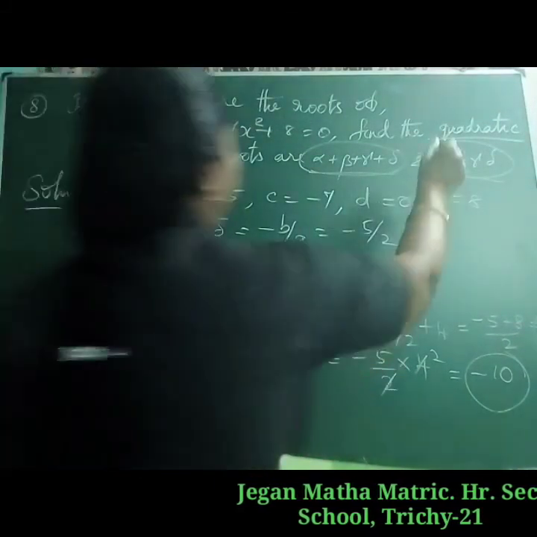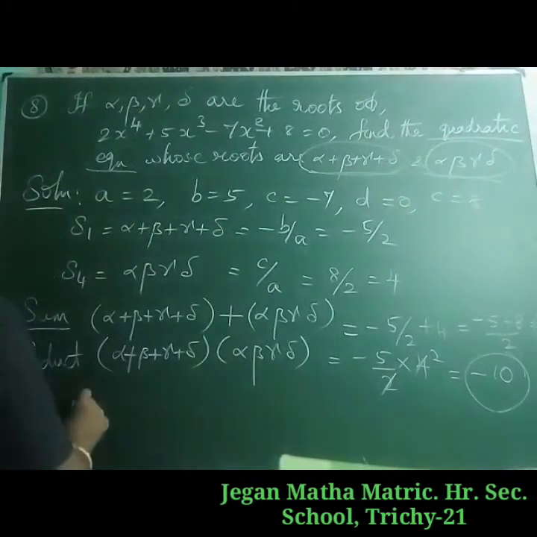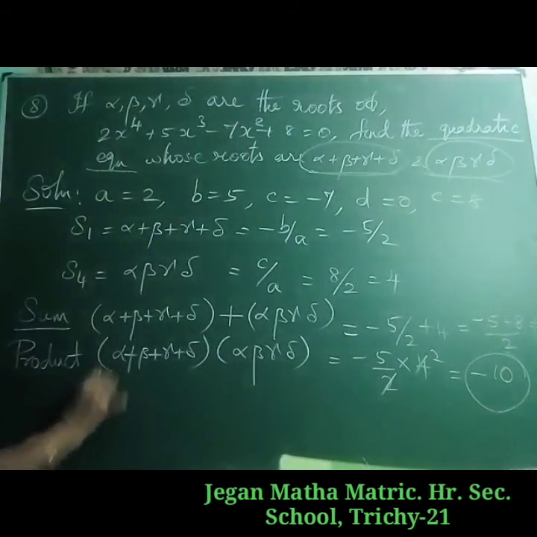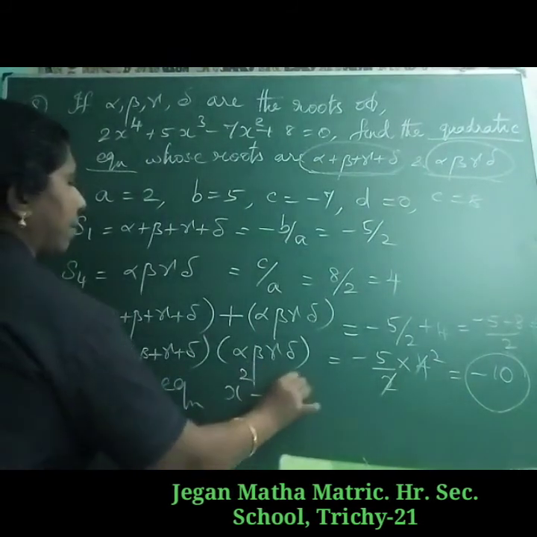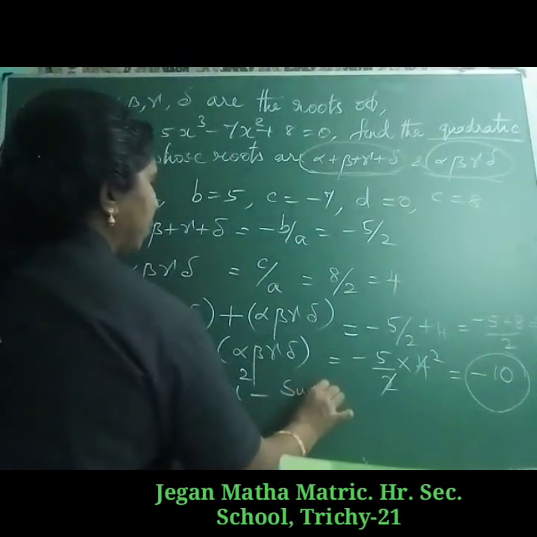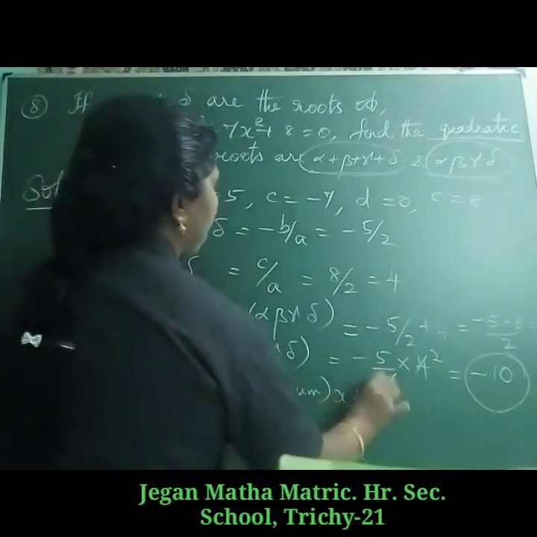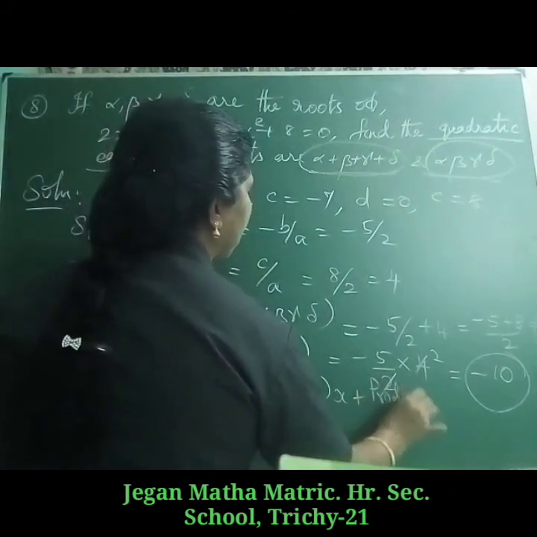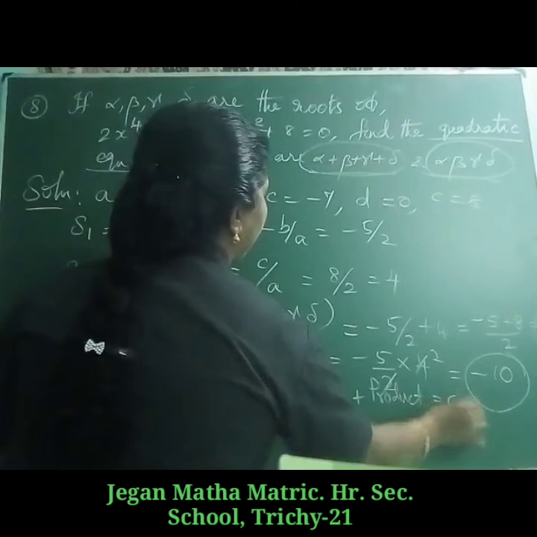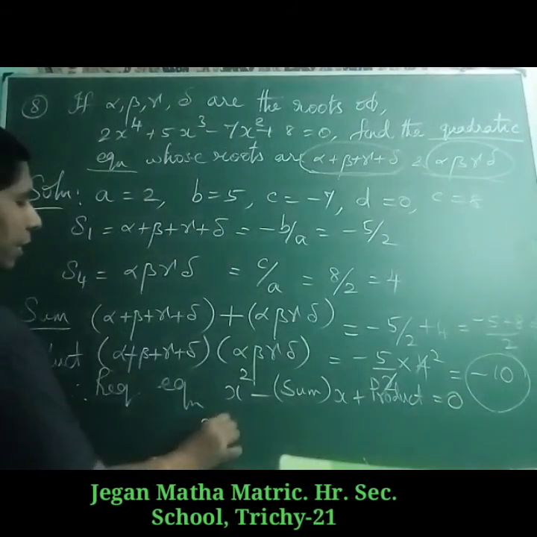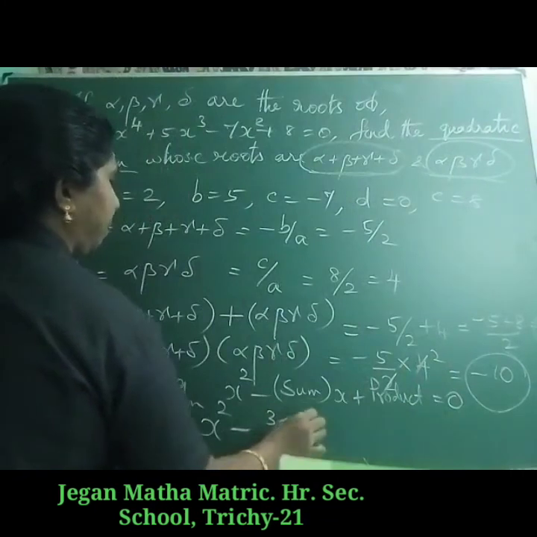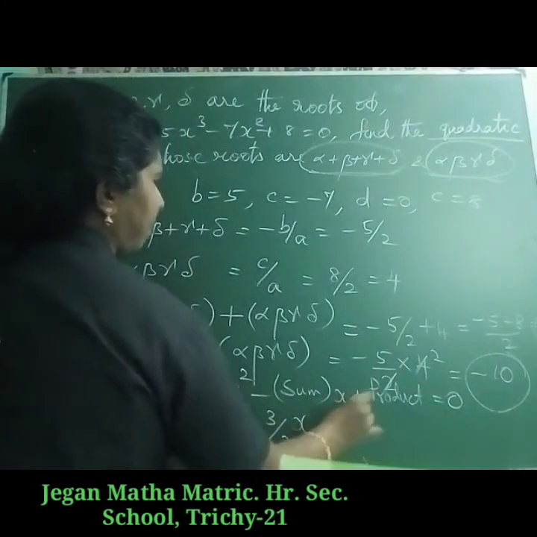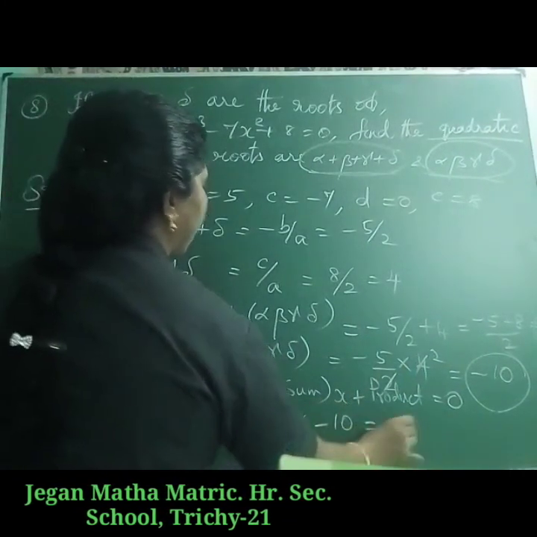Here we want to frame the quadratic equation. Therefore, the required equation is x square minus (sum of the roots) into x plus product of the roots equal to 0.